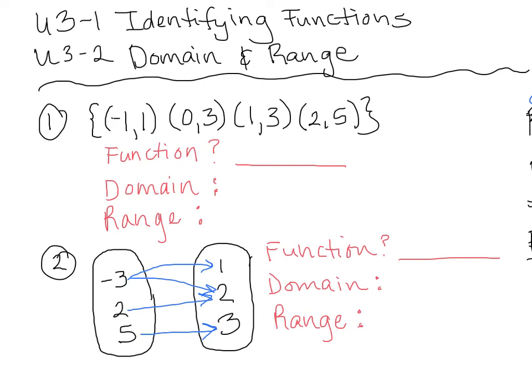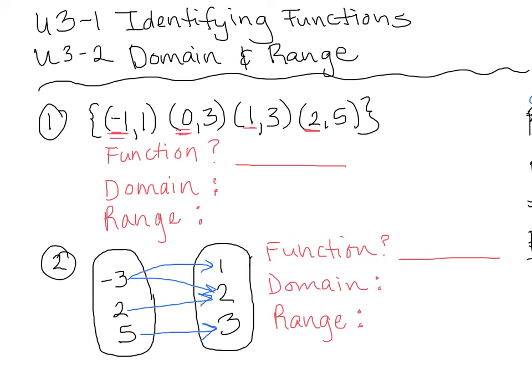So in example 1, we have a list of ordered pairs, and the first question is, is it a function? Well, the definition of function, again, is that each x value is paired with exactly one y value. So we look at our x values in each pair. Notice I see no repeats. None of the numbers happen twice for x values.